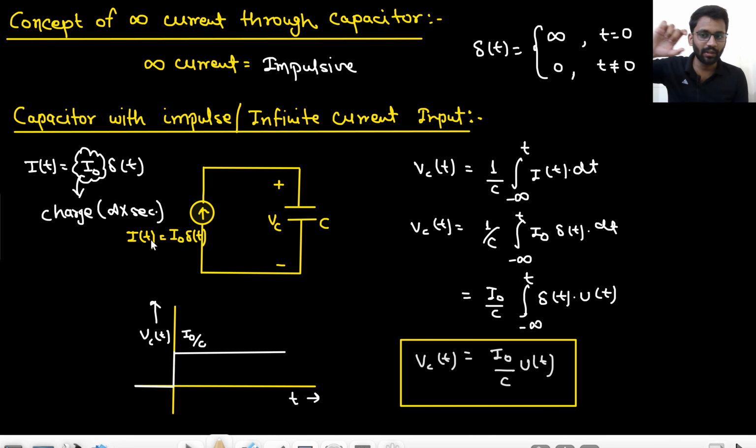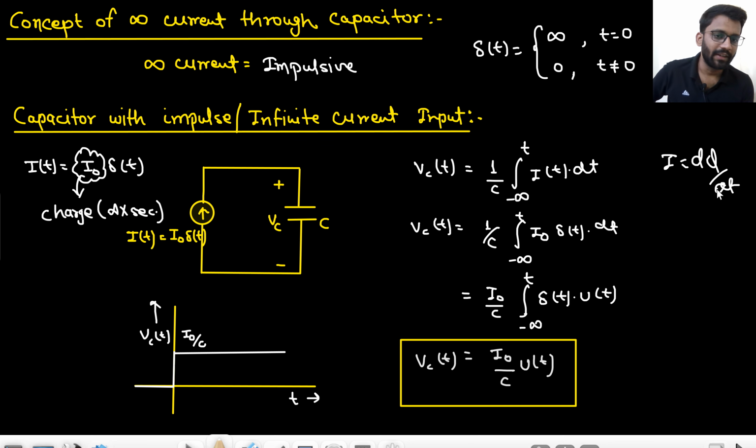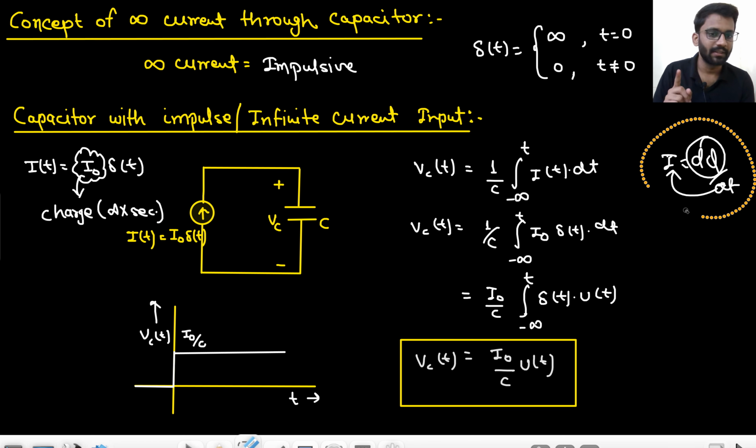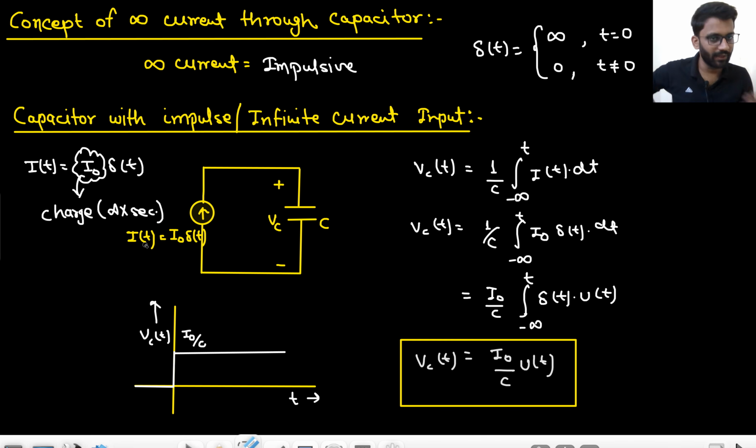I have told you I naught is not the magnitude, it is the area, and area is current into time, so ampere into second. And what does ampere into second give you? Coulomb, because i is dq by dt. So this is charge. What do you mean by an impulsive current? That means in zero time you are giving I naught amount of charge to the capacitor.